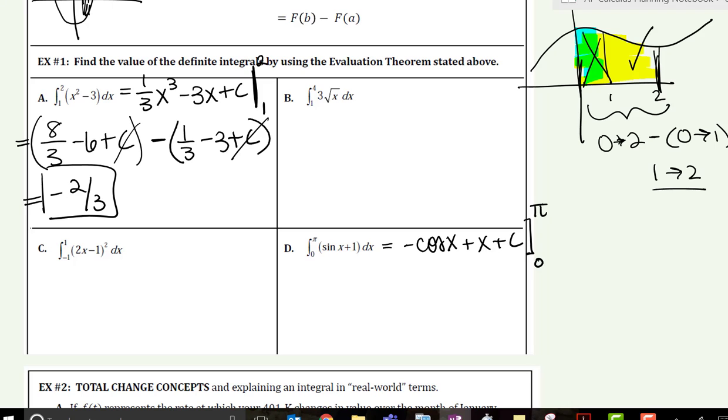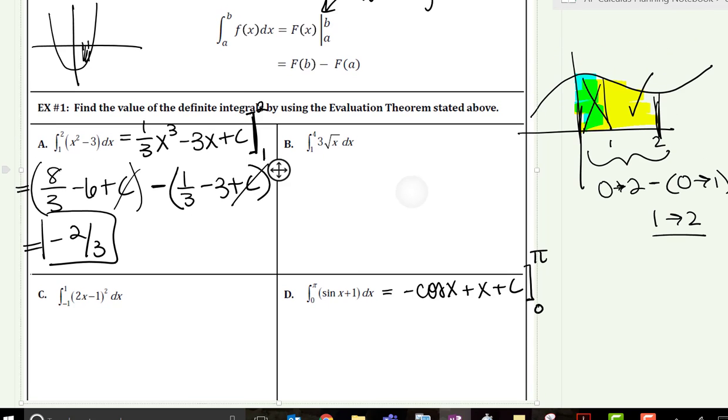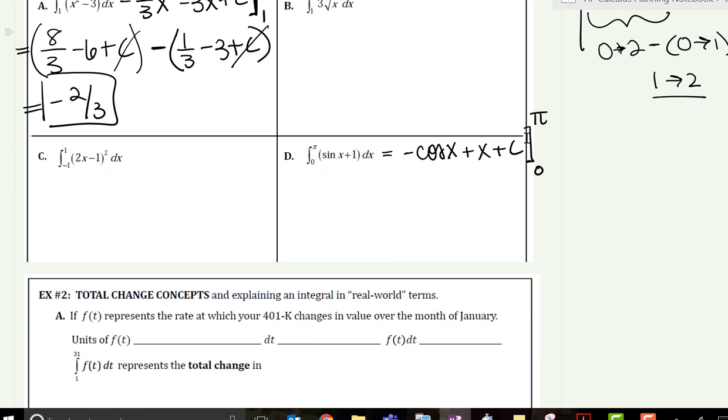So 0 to pi, you can do a bracket, you can do a line. Sometimes I do a bracket so I know that that's not a positive one. You can use this straight line, but I would make sure it's very long so that you don't accidentally use that as an integer. Or you can even say from b to a. It means the exact same thing.